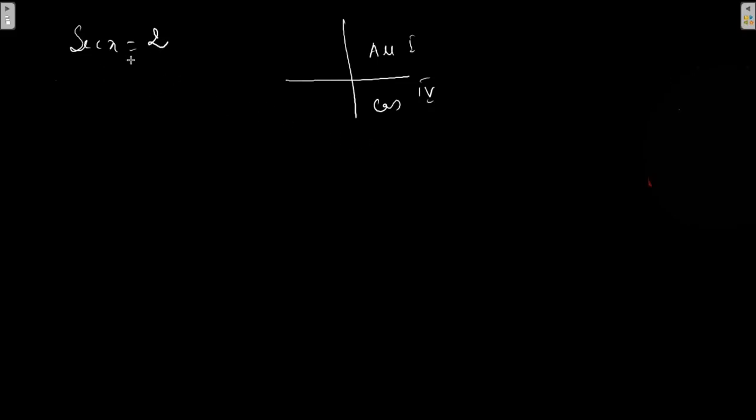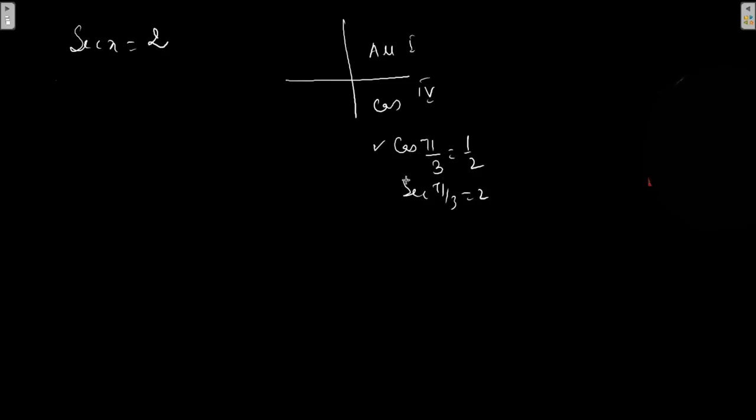So if sec x equals 2, then what will be your value in terms of angle? We know that cos of pi by 3 is 1 by 2, right? So sec of pi by 3 would be 2. If you remember that, that's good. I generally remember with cos, and then I try to do a reciprocal.